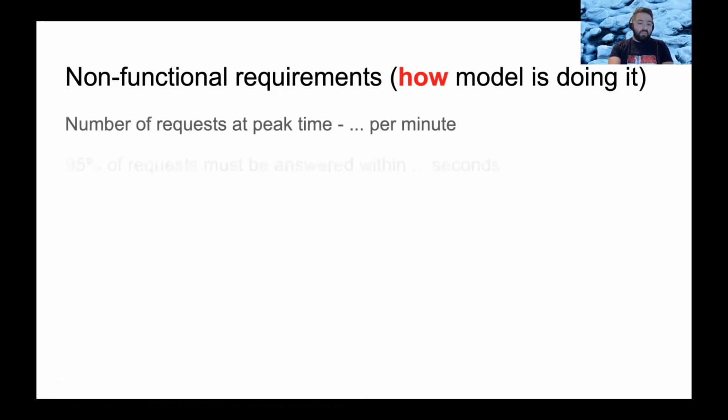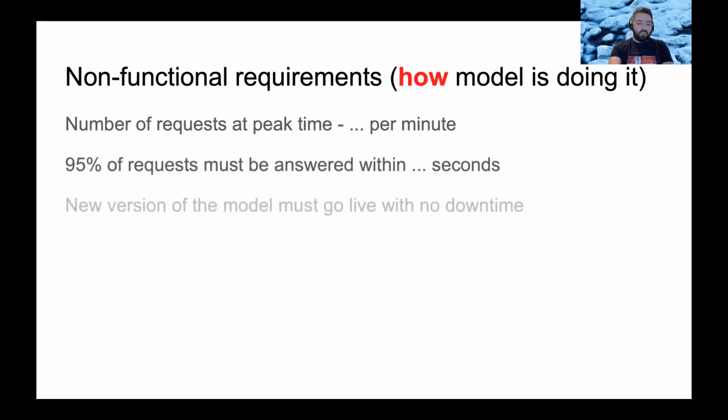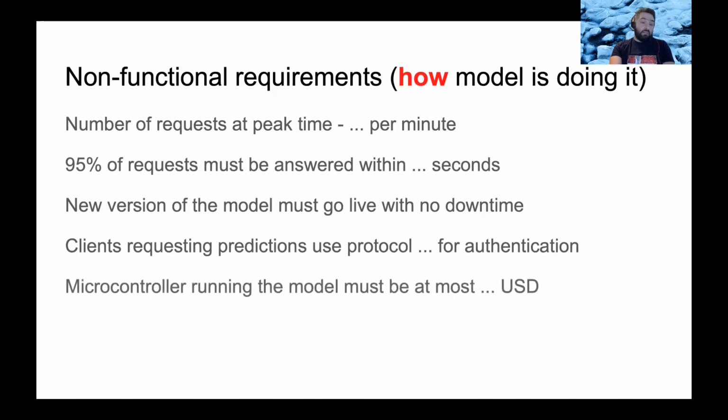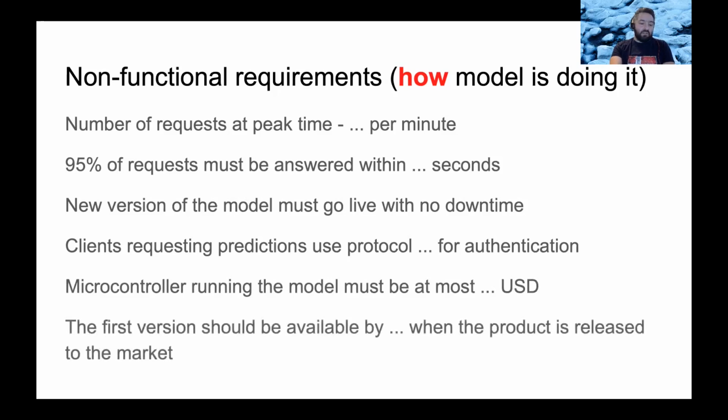Number of requests at peak time, how fast the requests have to be processed in most cases, if downtimes are allowed, if the model will be updated, which protocols the client should use for authentication. Also some requirements considering cost of the hardware or cost of the whole solution. And maybe there are also some deadlines you have to fulfill to be able to present your model at the right time.